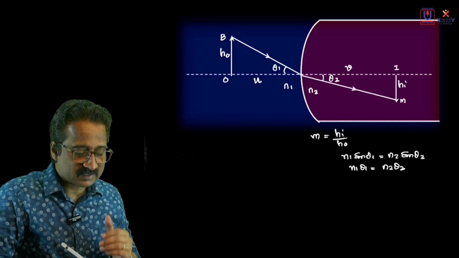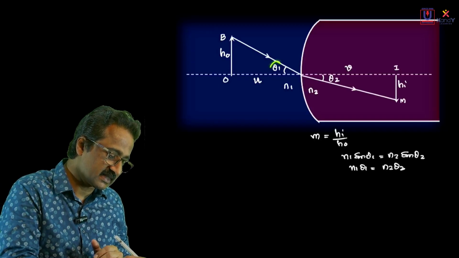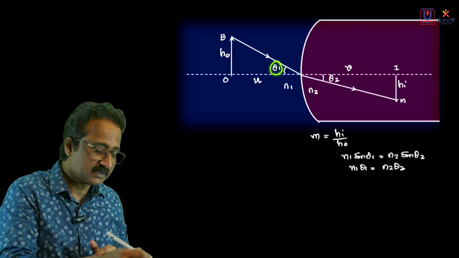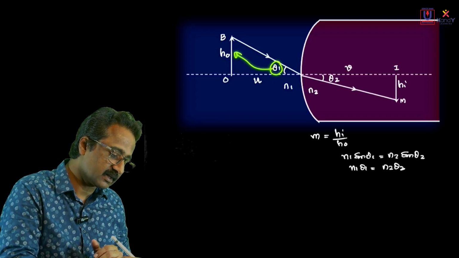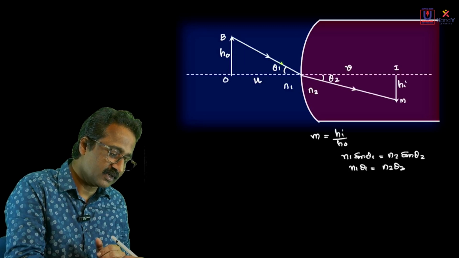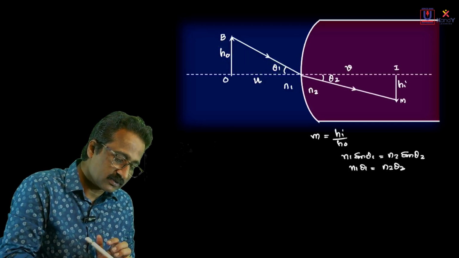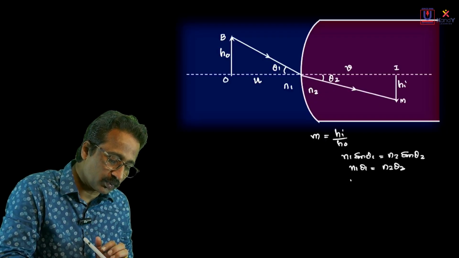Now let's bring in distances. θ1 is this angle. I can use the angle equals arc by radius concept. This is the angle, this is the arc, and this is the radius. So θ1 can be written as HO by u, giving n1 into HO divided by u.